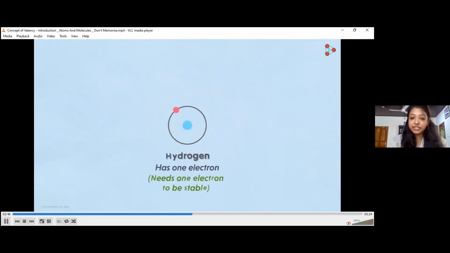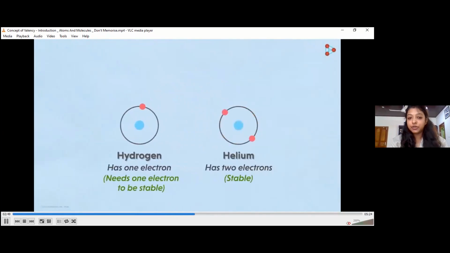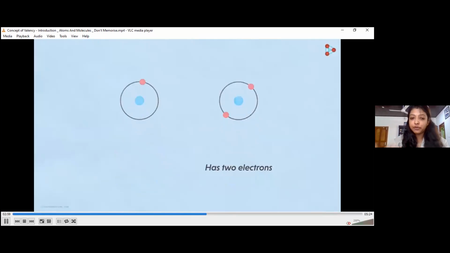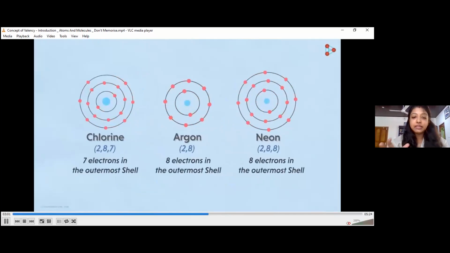So we know that for the first shell, it is 2 electrons. Hydrogen has only 1 electron, so it needs 1 more electron to be stable, while helium has 2 electrons and hence it is stable. For the remaining shells, that is the second shell, third shell and so on, they require 8 electrons. So they will always try to grab these 8 electrons around them.